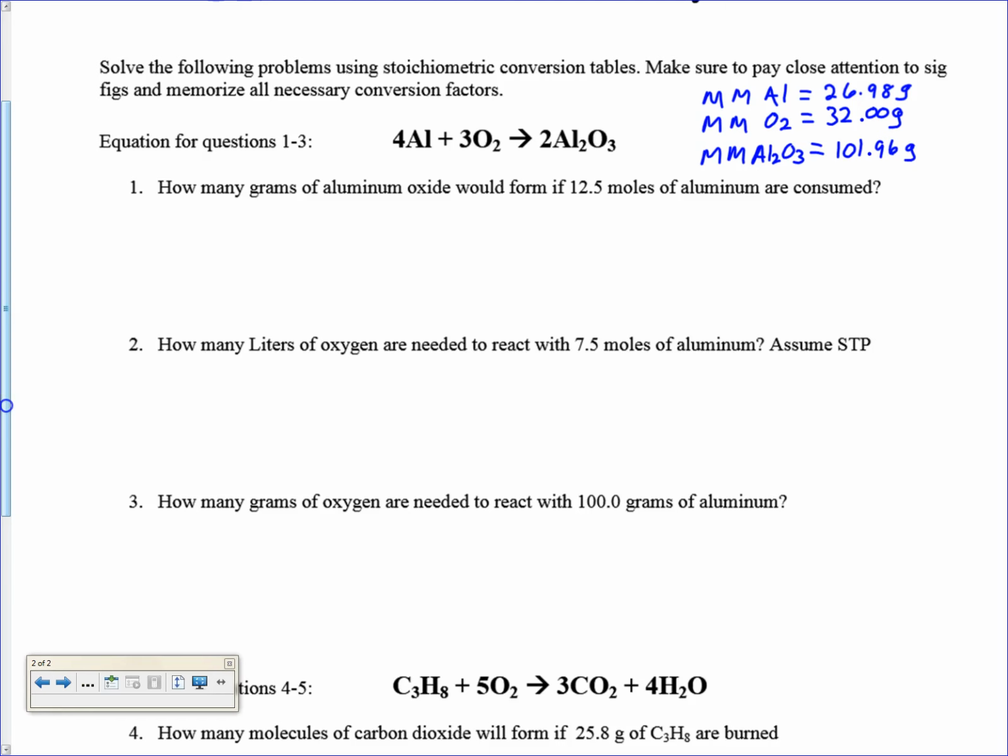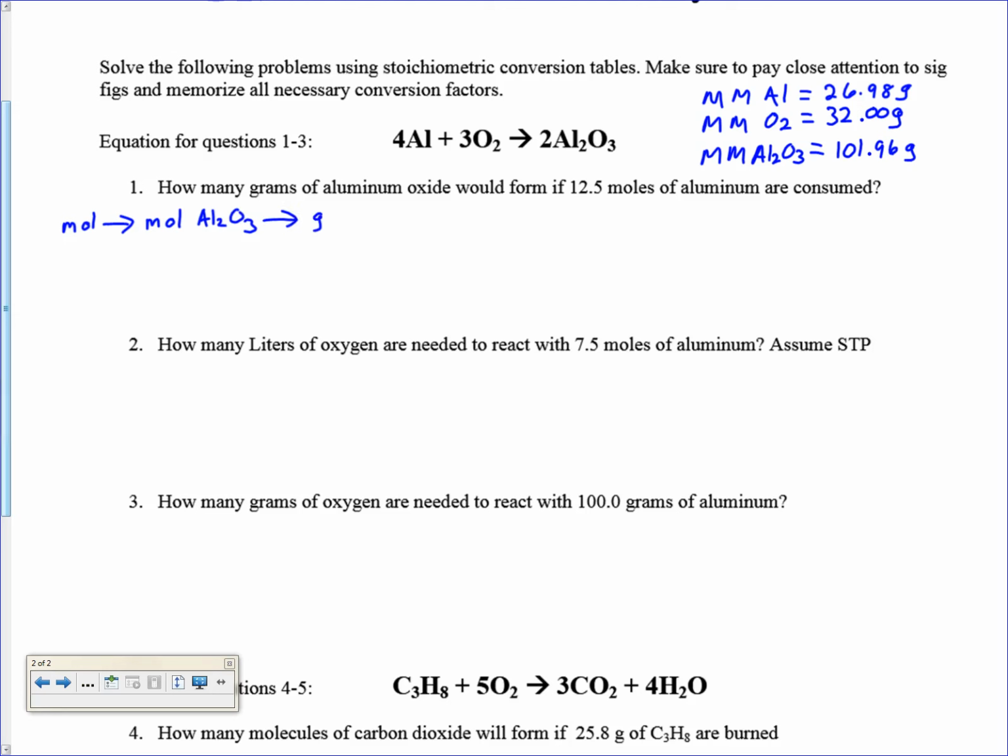So this first one is asking about how many grams of aluminum oxide would form if we had 12.5 moles of aluminum. So what we're starting with here is moles of aluminum. We're trying to get to grams of aluminum oxide. And so I try and make a little chart here. If we're starting with moles of aluminum, then we're going to go to moles of aluminum oxide, and then we're going to go to grams of aluminum oxide.